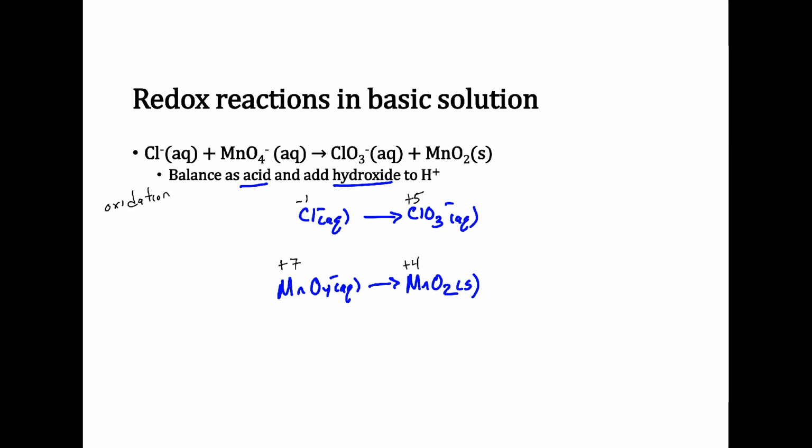So this represents reduction. So what we can do here as we look at this is we can go through and balance. So for the first reaction, we have 3 oxygens in the products, but none in the reactants. So we need to add 3 waters.